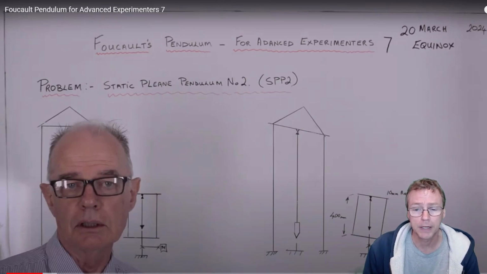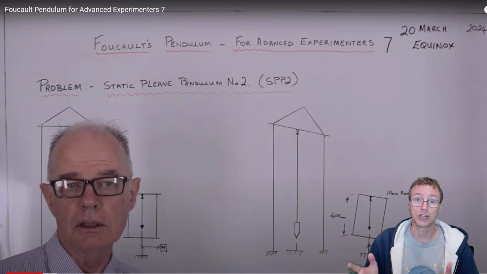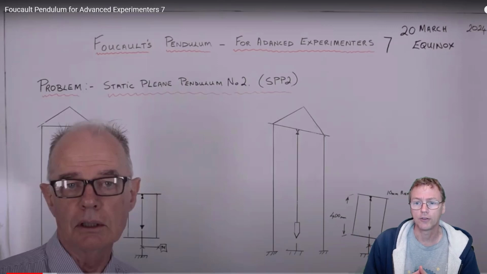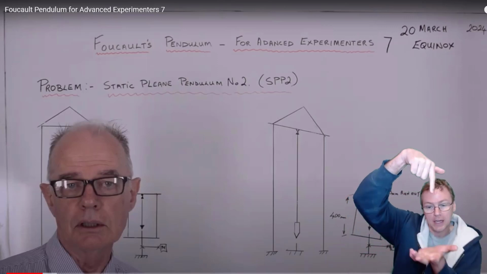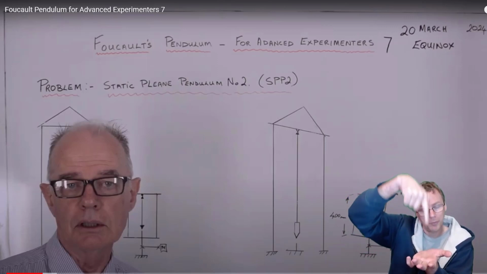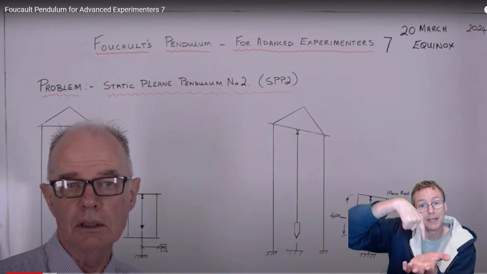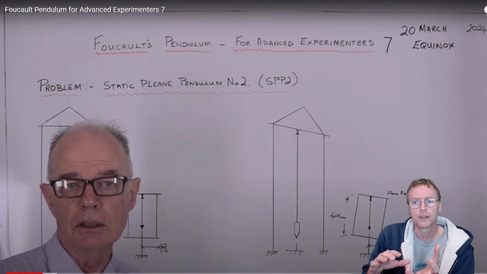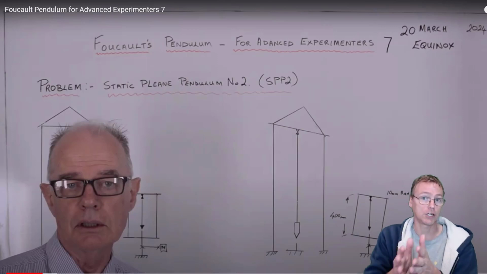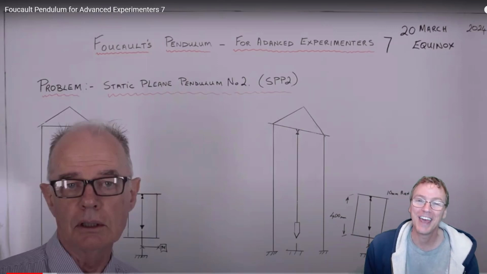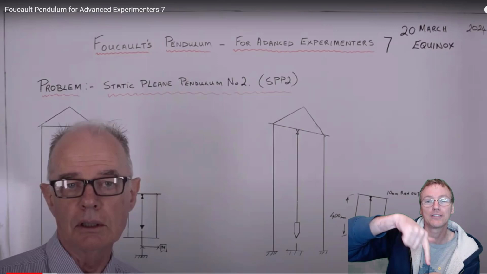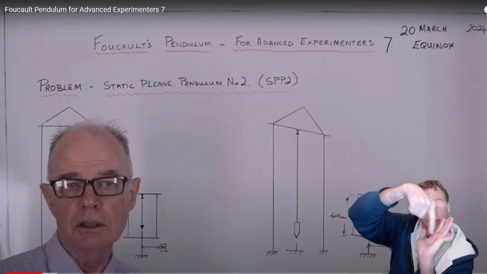A real Foucault pendulum does what we call precession, because the gravity vector that the pendulum is hanging by gets misaligned with the original swing direction. Sometimes we hear that a Foucault pendulum swings in a plane and then the earth turns underneath you.